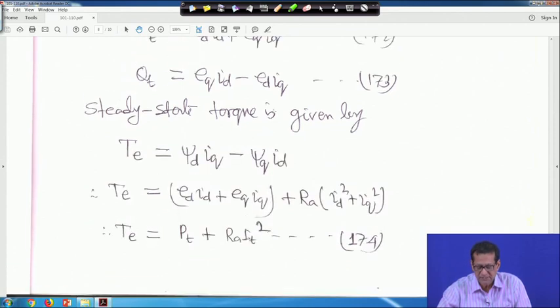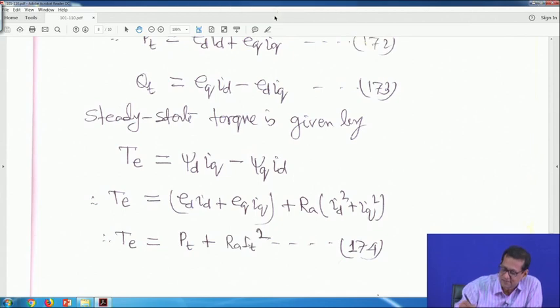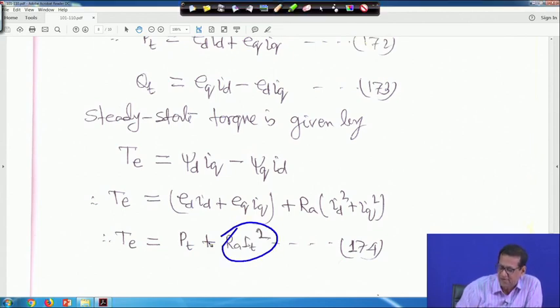A little bit more steady state computation will go in the next lecture. Now, if you look at T is equal to Pt plus Ra It square, in general this part Ra It square is actually very small.